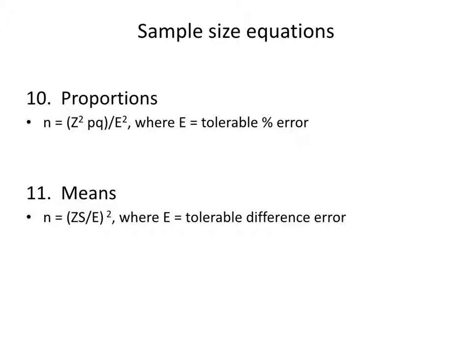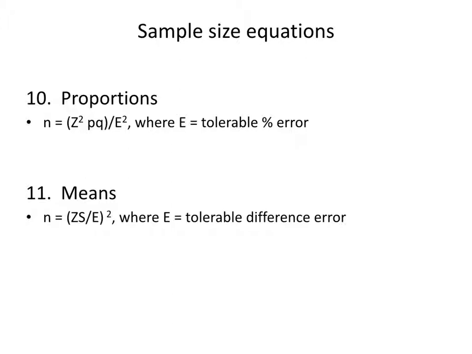PQ is a measure of the variance for populations, where P is the proportion that you're trying to estimate, and Q is 1 minus P. And E is the proportion of error you're willing to tolerate.